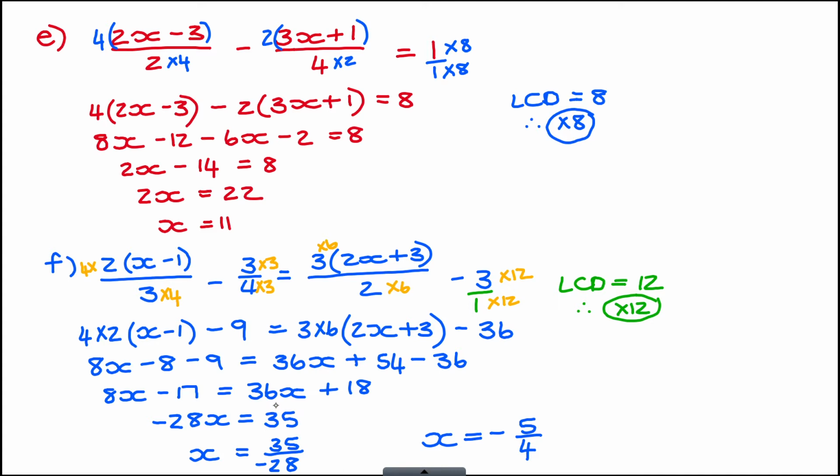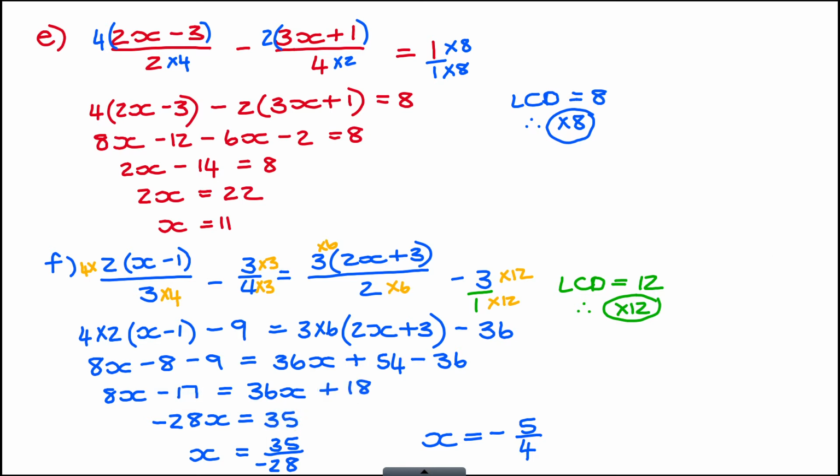Now I take unknowns to the left, normal numbers to the right. So 8x minus that 36x gave me minus 28x. Okay, normal numbers to the right, which means that I have 18, and this minus 17 goes over, so it becomes plus 17, and that's how I get 35. Okay.